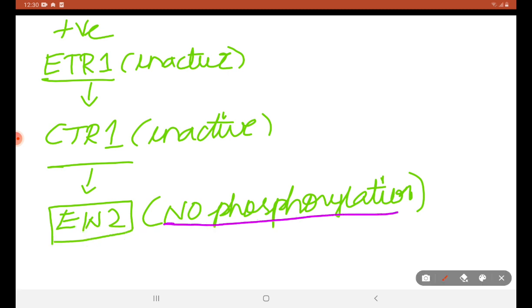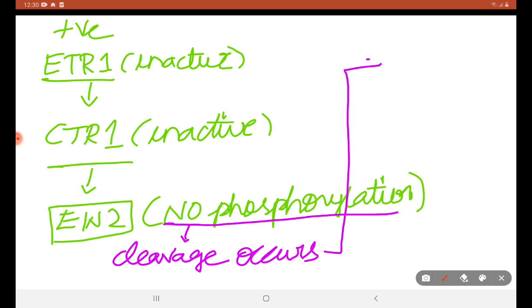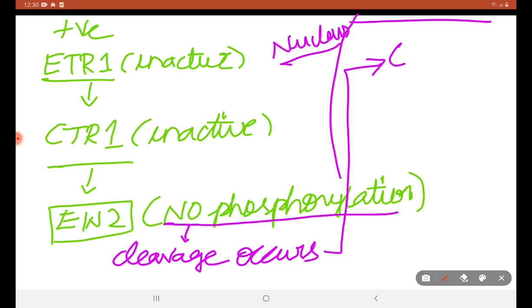Because of no phosphorylation, cleavage takes place. Cleavage occurs, and the C-terminal domain will migrate into the nucleus. The polyubiquitinylation and proteasomal degradation will not occur.